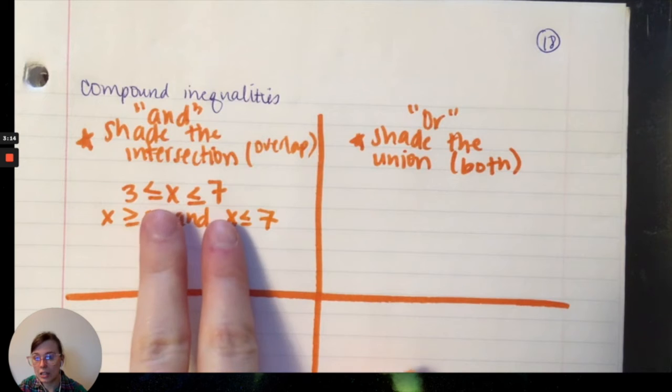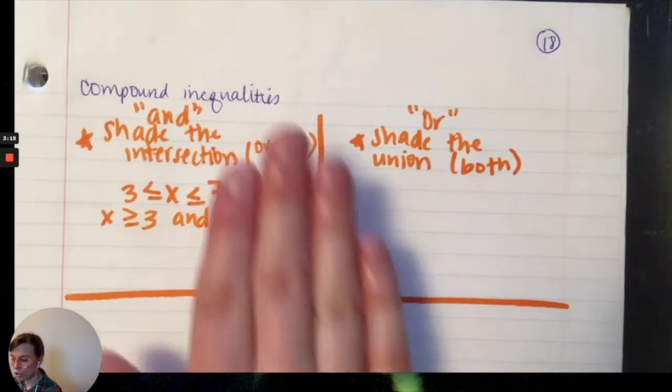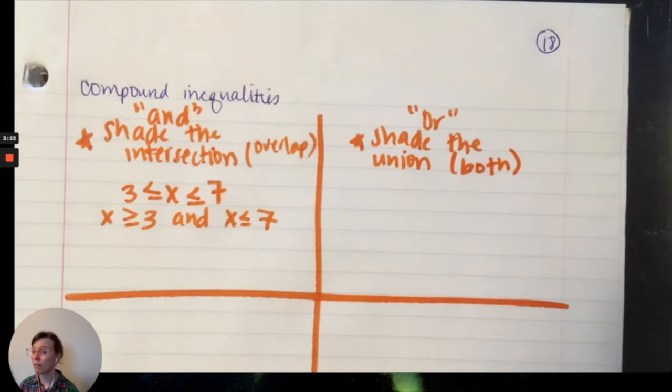We kept the x less than or equal to 7. But we also took this half, this 3 is less than or equal to x, and we had to flip everything, just like I did at the end of our notes last time, and just like you did because you wrote it down, right? We flipped it, so the 3 and the x switch sides, and the symbol gets flipped. So instead of less than or equal to, it turns into a greater than or equal to.